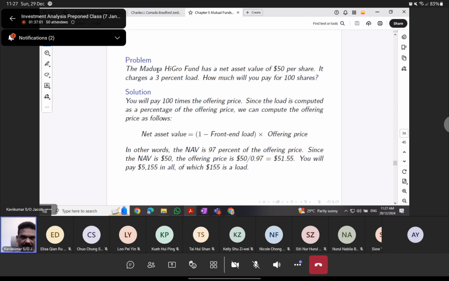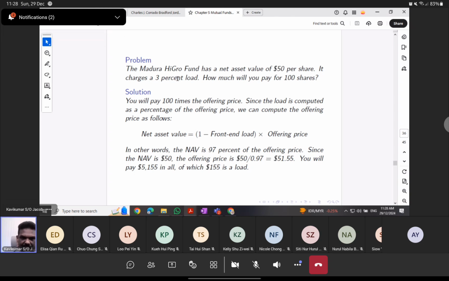The Madura High Growth Fund has a net asset value of $50 per share. It charges a 3% load. How much will you pay for 100 shares?